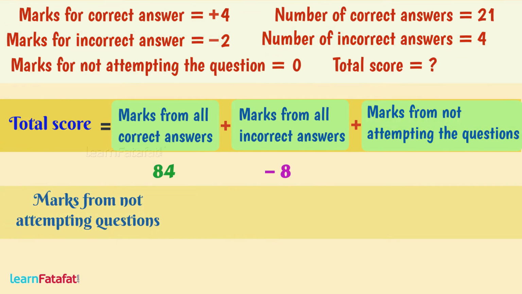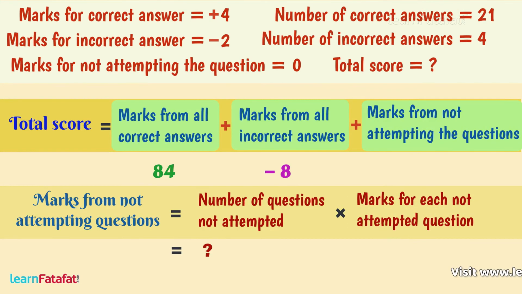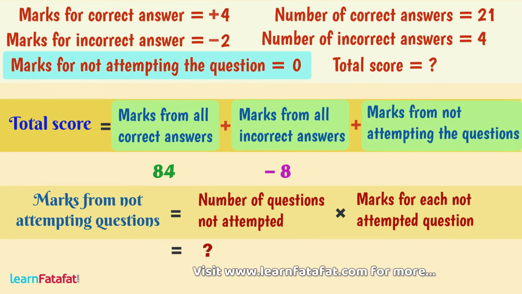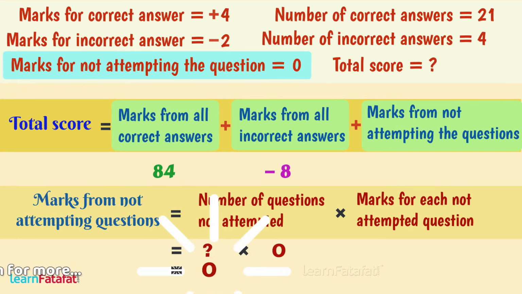Marks from not attempting the questions is equal to number of questions not attempted multiplied by marks for each not attempted question. We don't know number of not attempted questions. However, we know marks for each not attempted question, that is 0. And 0 multiplied by any number is always 0.